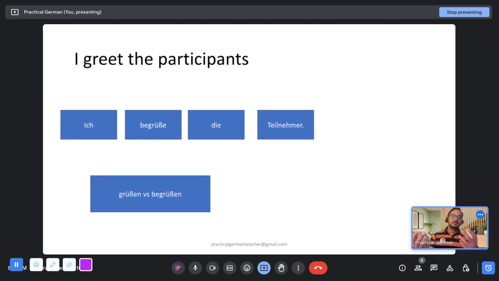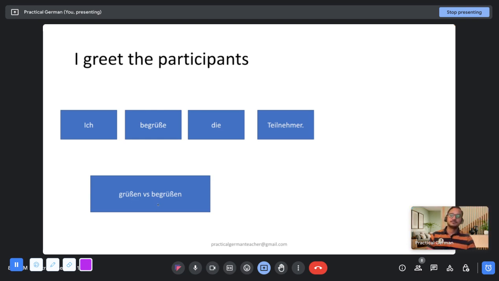Grüßen is much closer. For example, my supervisor always said, Rohit, ich grüße dich. He did not say begrüßen, because there are not that many people around. I did not give you the exact difference, but I hope I was able to tell you when to use which one.